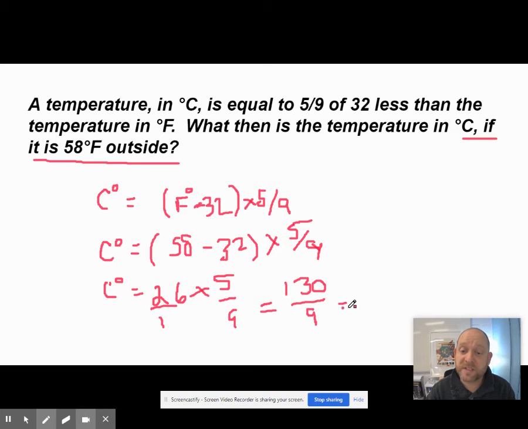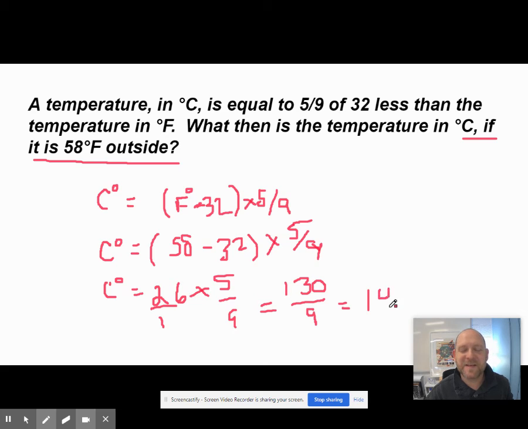Now my answer should be somewhere around 13, because that would be 130 divided by 10, but I don't know this one exactly, so I'm going to look it up on my calculator and round to the nearest tenth. So I've got 130 divided by 9. I could also run that out long division, but I'm feeling lazy today.